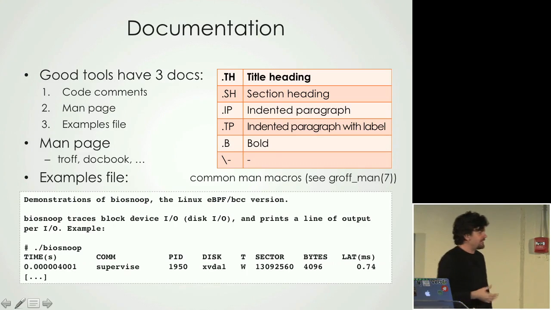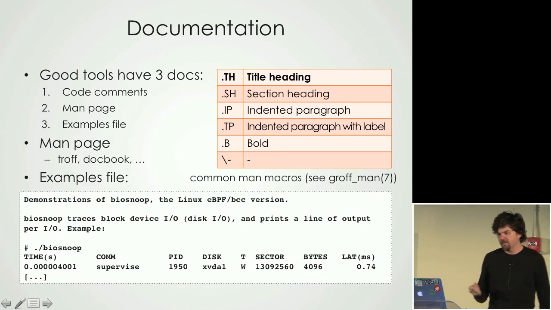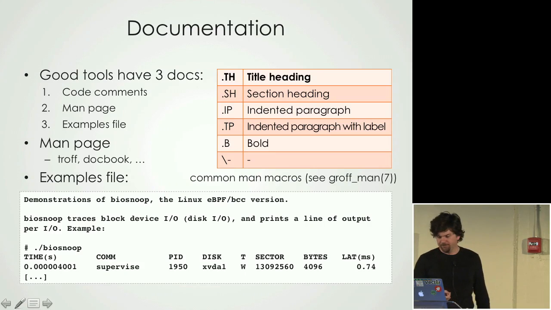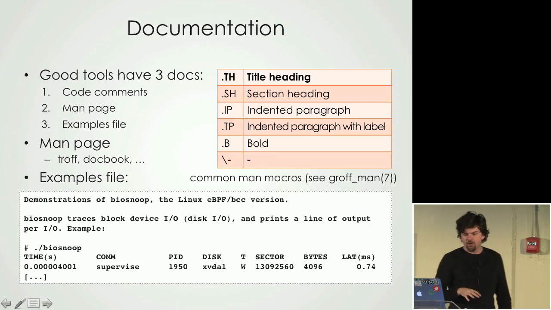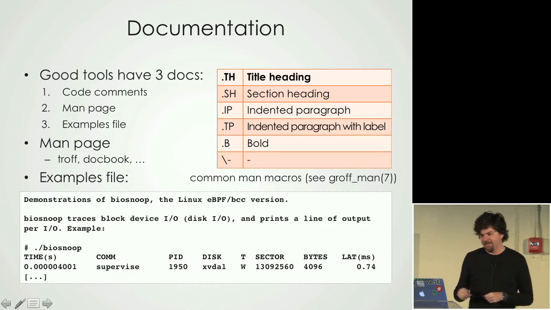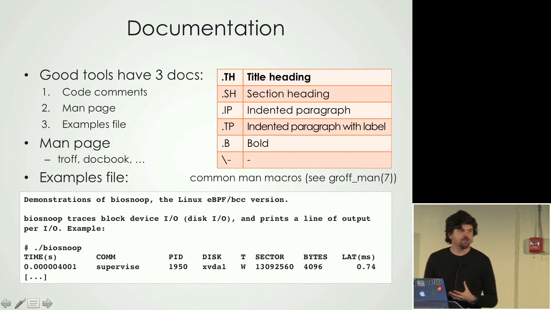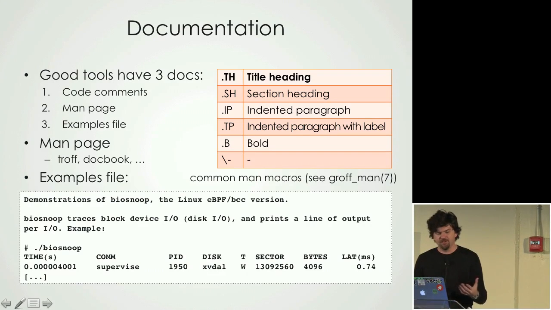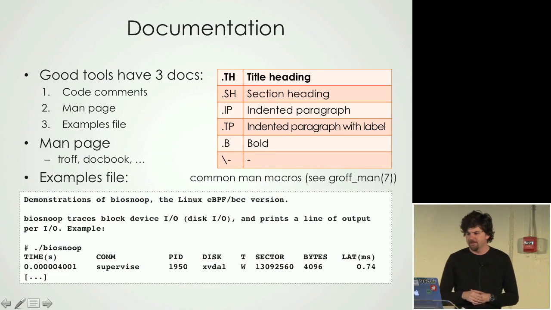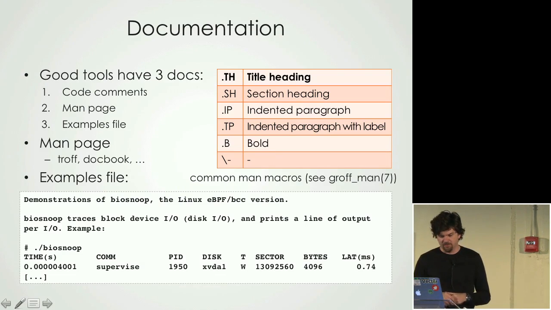Documentation. I think good tools have 3 docs: the code comments, a man page, and an examples file. The code comments are obviously for the next person who's reading it. A man page is a nice way to summarize what the tool does, to have a synopsis and an abstract, to talk about columns and switches. And then an examples file.